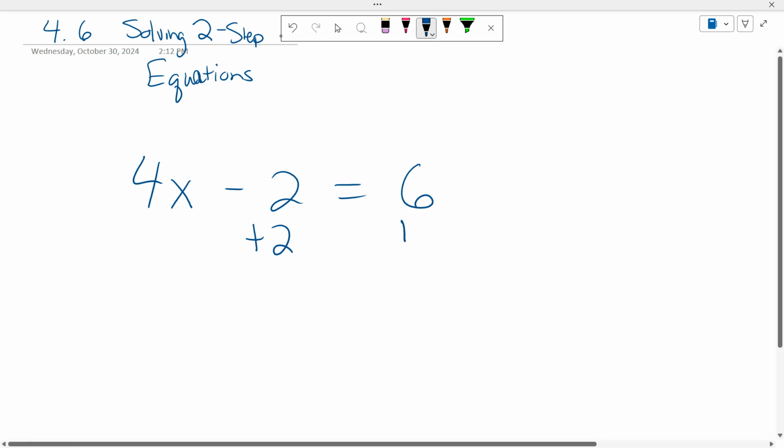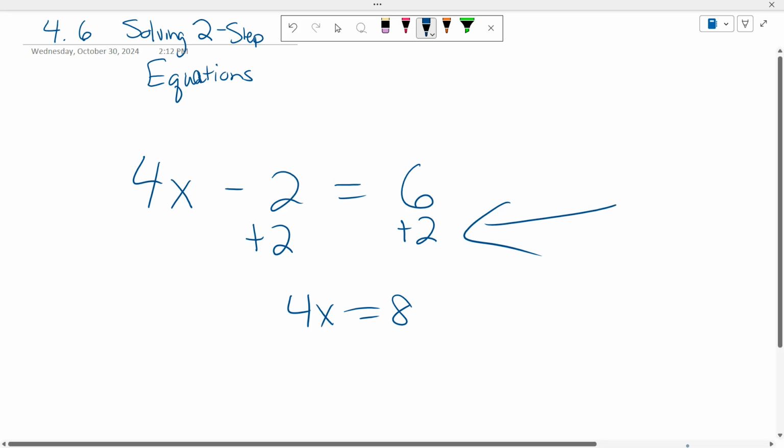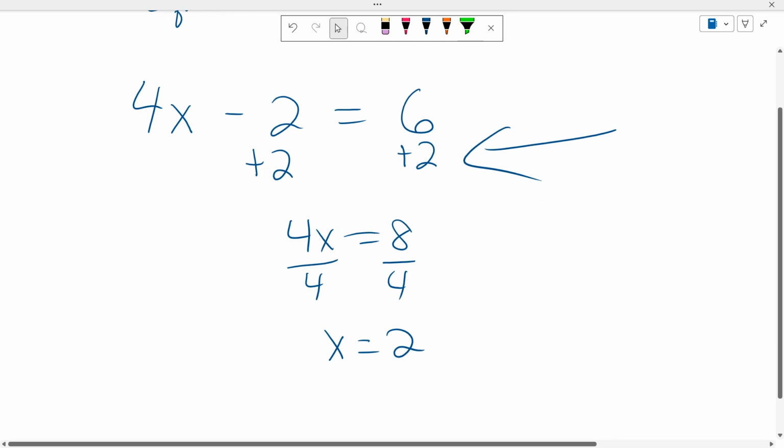We have to add 2. So 4x equals 8. Now it's a one-step equation, but I want to see that work. Then, what do you do to each side? Divide by 4. Divide by 4. So x equals 2.